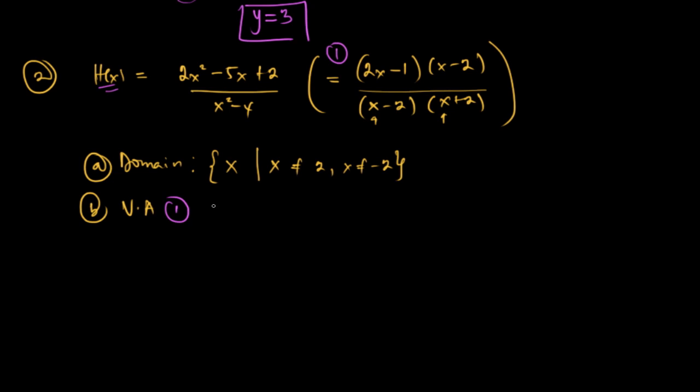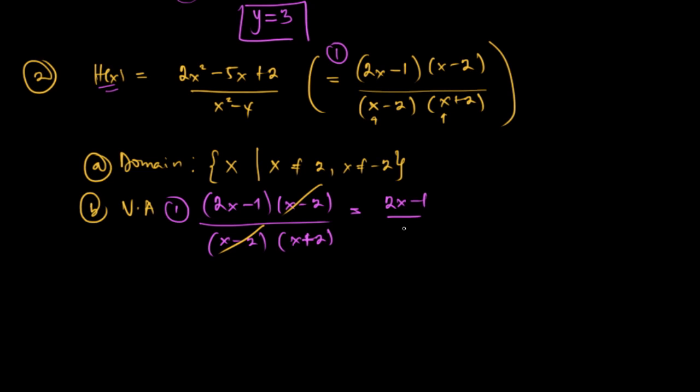The rational function we have is 2x negative 1 into x negative 2 divided by x negative 2 into x plus 2. What you'd observe here is this is common, so this crosses out. What we obtain here is 2x negative 1 divided by x plus 2.